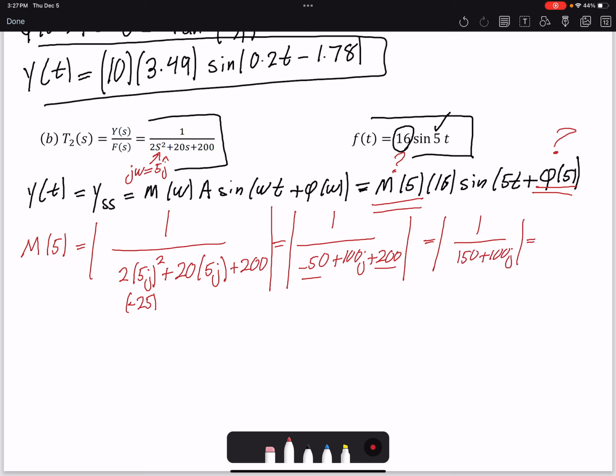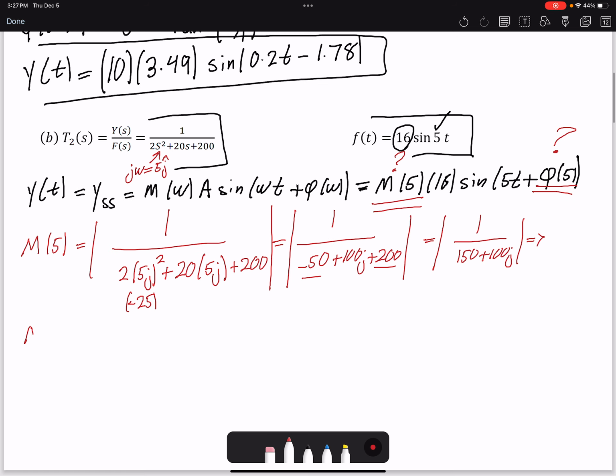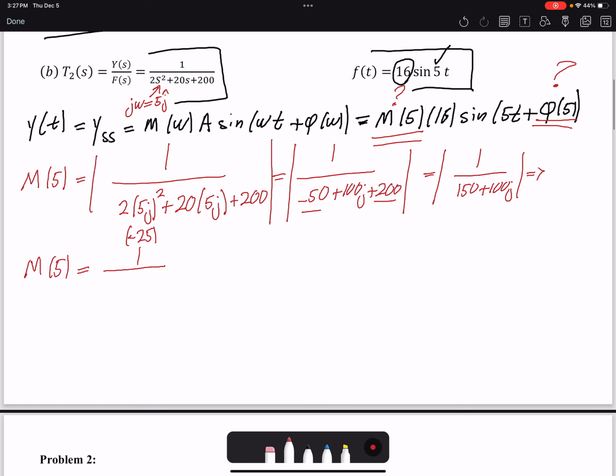At the end, if I want to find M(5), that would be 1 over the square root of 150 squared plus 100 squared, and we get 0.0055. At first glance, this seems to be a very small number, but actually the smaller it is, the more significant changes we are going to observe.